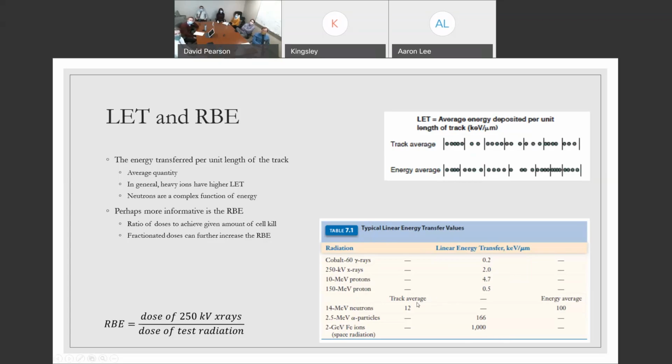Again, neutrons, we have this weird sort of track average versus energy average because it's a complex function of energy. Then LET for anything soft, like X-rays or gamma rays, is going to be hanging out a lot lower than for these big, heavy, just bowling balls that are the heavy ions.